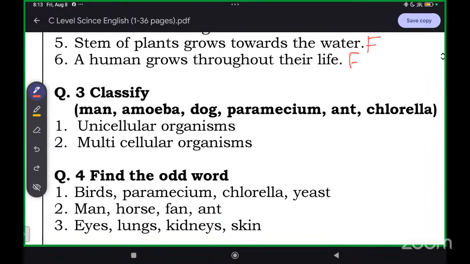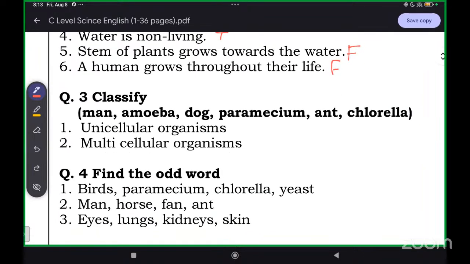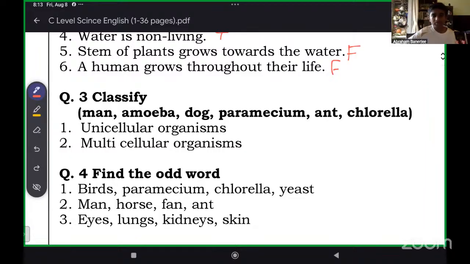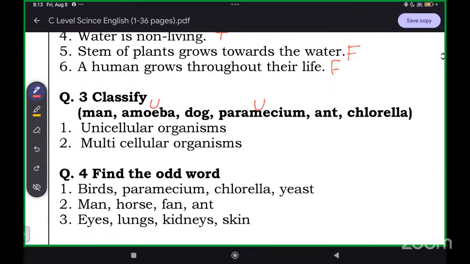Okay, classify. What are unicellular organisms? Unicellular organisms are amoeba, paramecium, and chlorella.